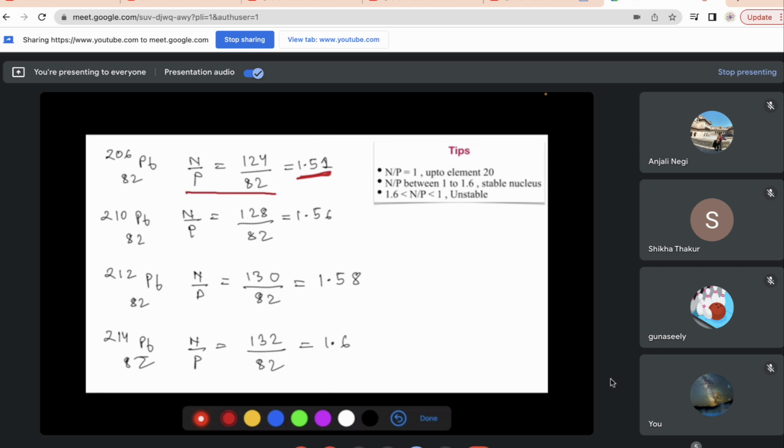Similarly, if you calculate the N/P ratio for all of them, you will see what we need to check is that the N/P ratio of the given isotope should be in between 1 and 1.6. They are all in between 1 and 1.6, but the one closer to 1 will be the most stable. So here you can see that the isotope closest to 1 is the first one.